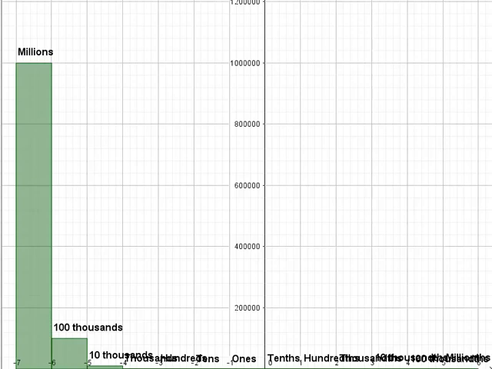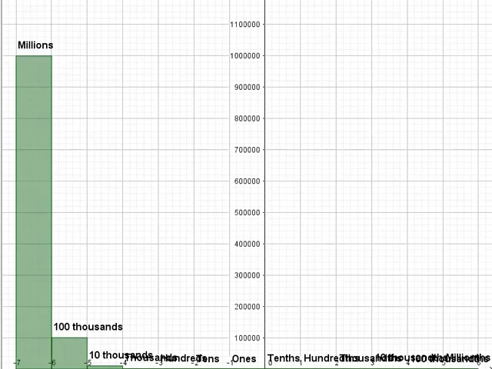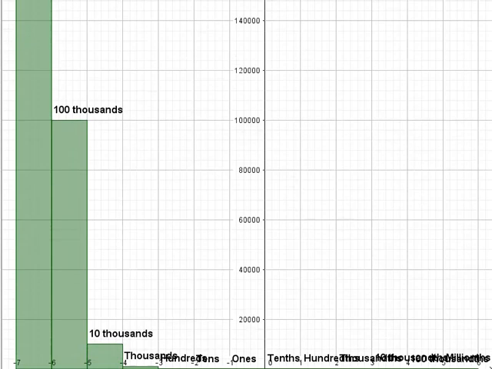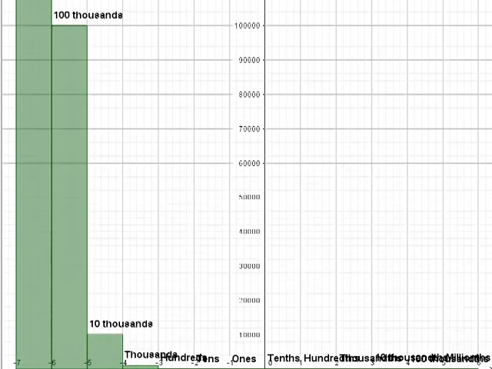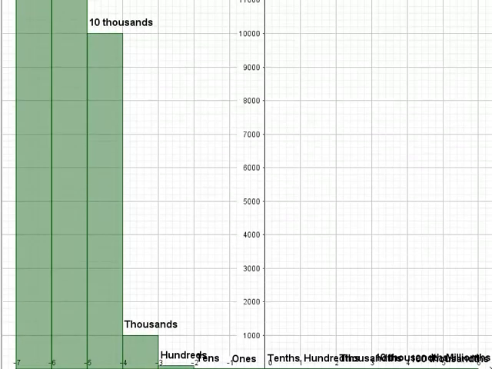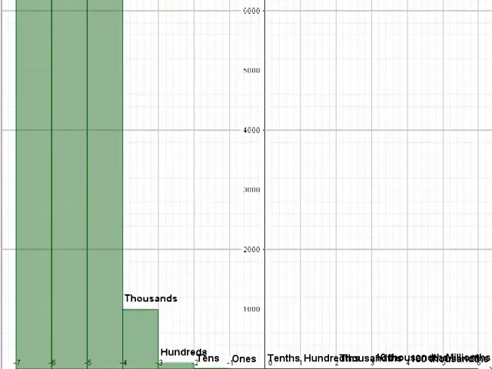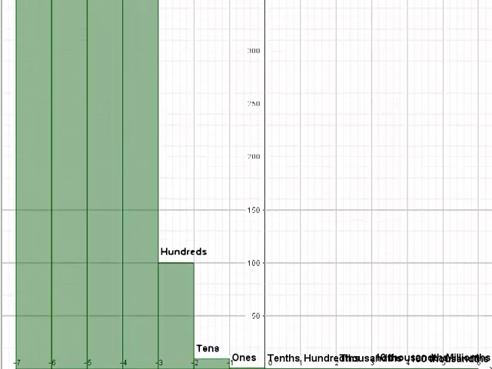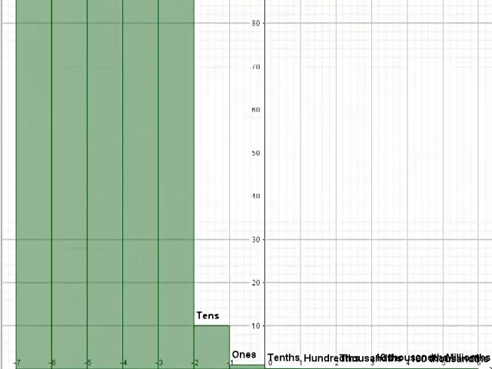Okay, so let's zoom in. From a million, we come down 1/10 as big to 100,000. We keep going till we're 1/10 as big to 10,000, and then 1/10 as big to 1,000. Go 1/10 as big down to 100. Go 1/10 as big down to 10.